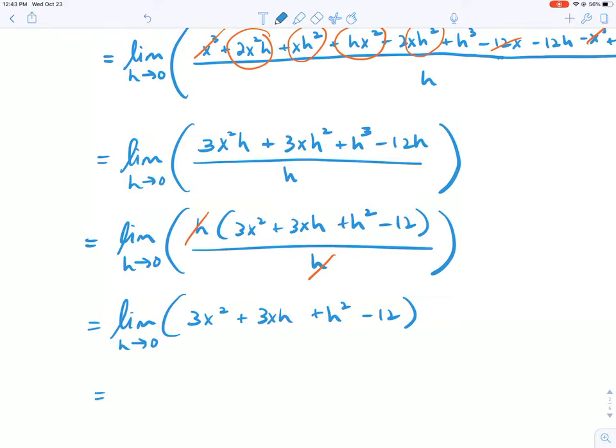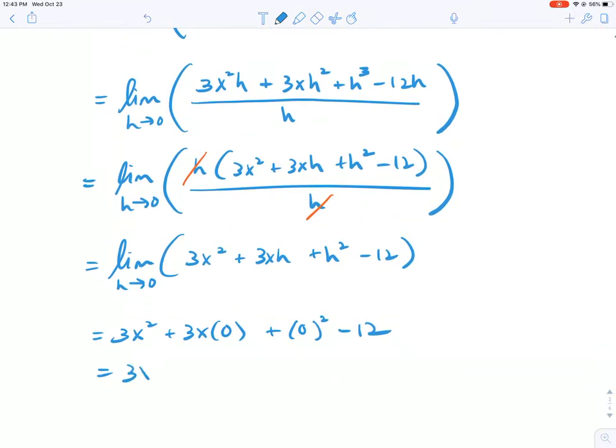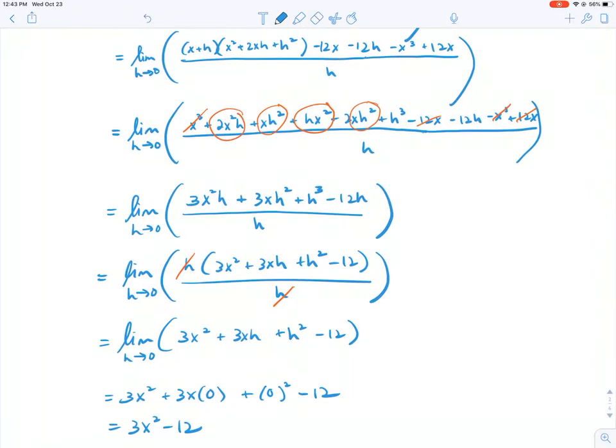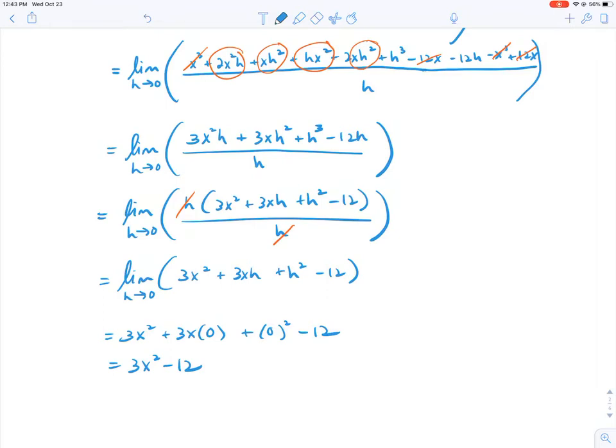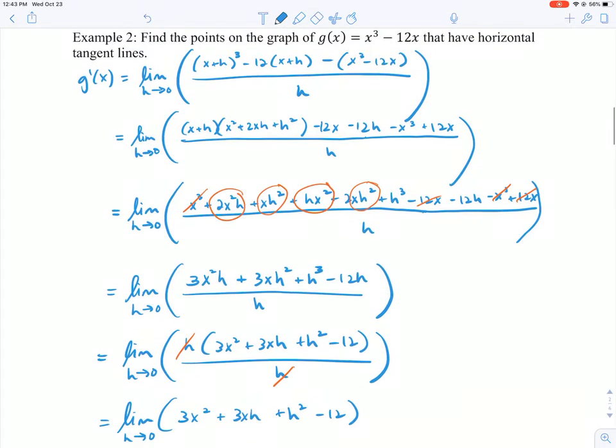And now we can use direct substitution. And that just ends up being 3x squared minus 12. So 3x squared minus 12 is our derivative.